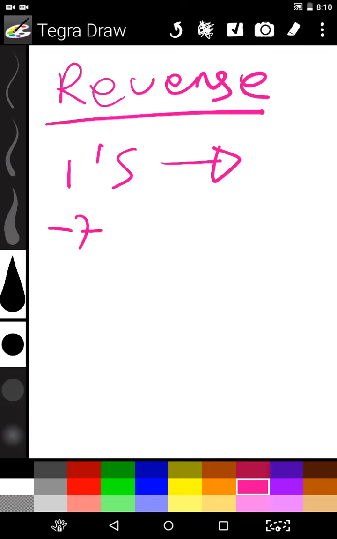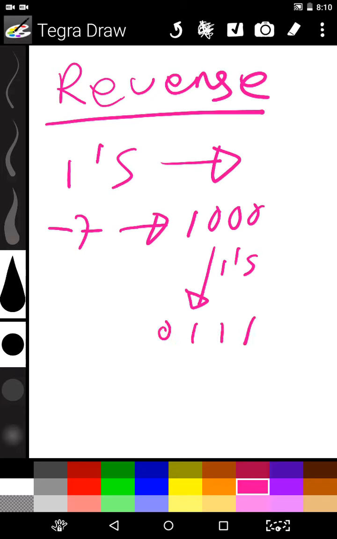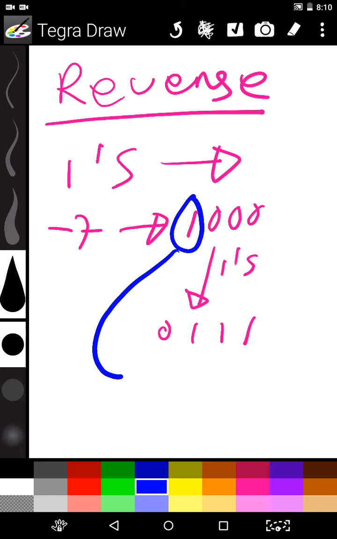For the -7 representation in the 1s complement method, we represent 1 0 0 0. To get back to the decimal number, we convert the 1s complement, which gives 0 1 1 1. So this represents back -7.